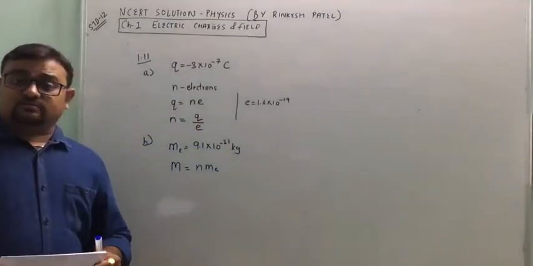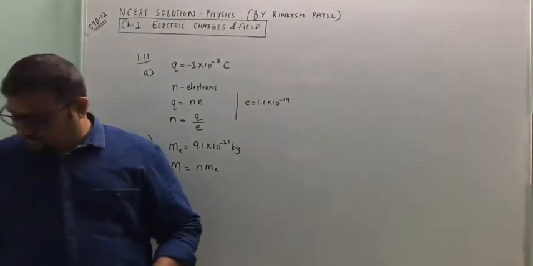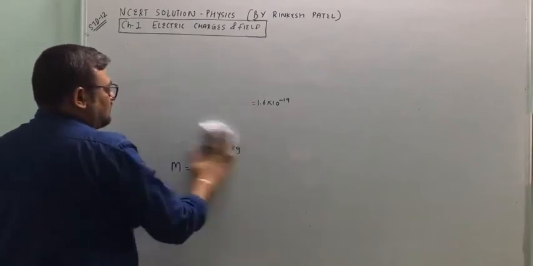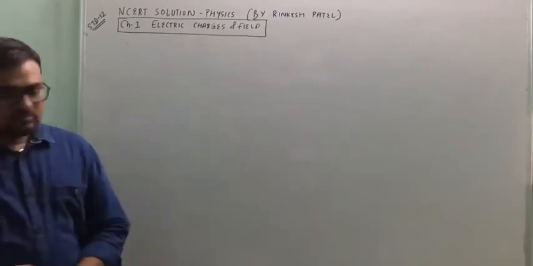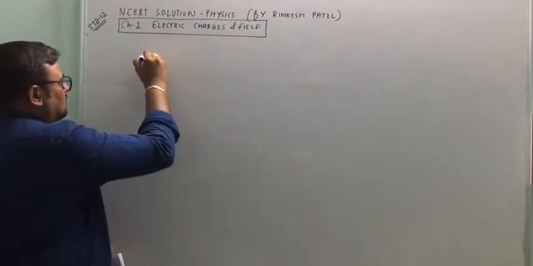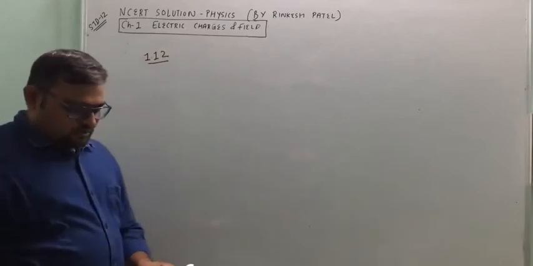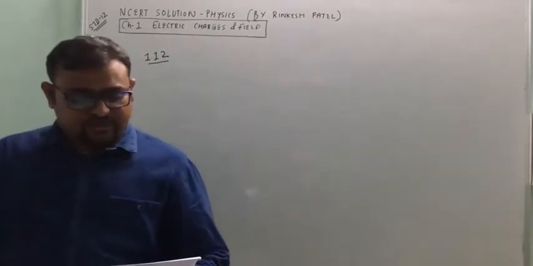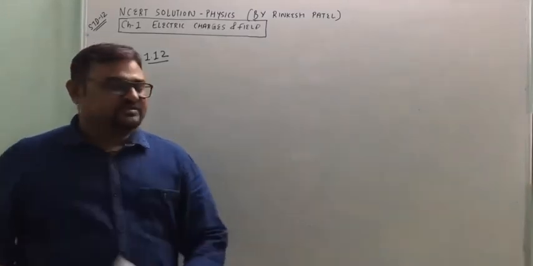Now let's move to question number 1.12. Two insulated charged copper spheres A and B have their centers separated by a distance of 50 cm.